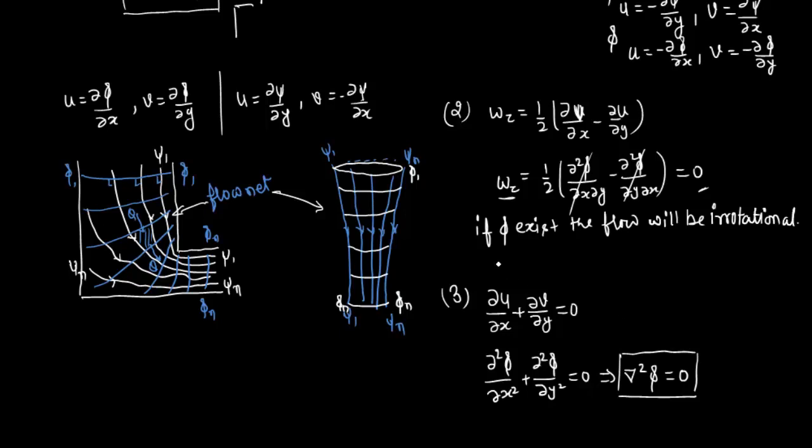But it is providing a guarantee in case of rotationality of flow, that is if phi exists, then the flow will always be irrotational. So it is providing the guarantee in this case, but not in this case. Okay, so this was our potential function.